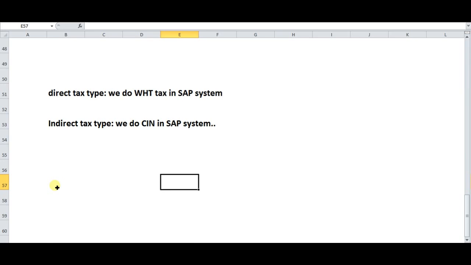So coming to the indirect tax types, sales tax.